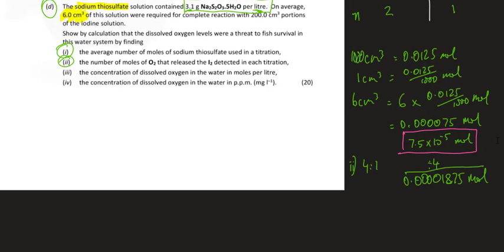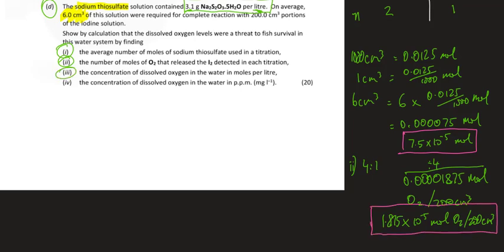Okay, and just to write in full so I know where I am, that's of oxygen in 200 centimeters cubed. And that can be written in scientific notation. Okay, so we're going to box off our answer there.